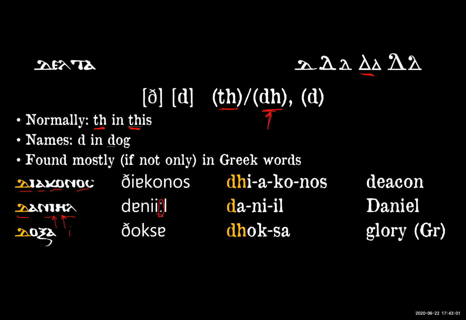This symbol right here, you don't have to know this, but this symbol right here in the IPA tells you to say it longer. So Daniil, Daniel. And then, I'm not sure if we covered this letter yet. I don't think we did. But this letter makes like an X sound. So here it's doxa, which is glory, doxa. So diakonos, Daniil, doxa.